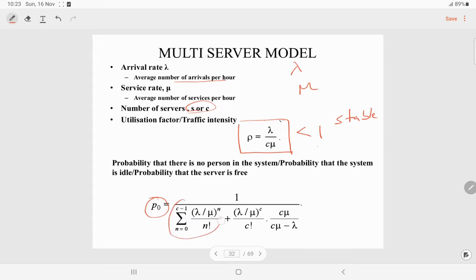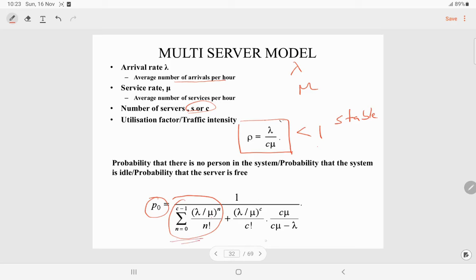This is one term, which is actually a summation. For example, if we have 3 servers, then n is equal to 0 to 3 minus 1, that is 2. So we have to put in those values: (lambda by mu) raised to 0 by 0 factorial, plus (lambda by mu) raised to 1 divided by 1 factorial, then (lambda by mu) raised to 2 divided by 2 factorial. This will constitute this particular component.